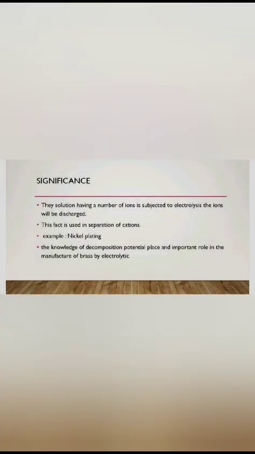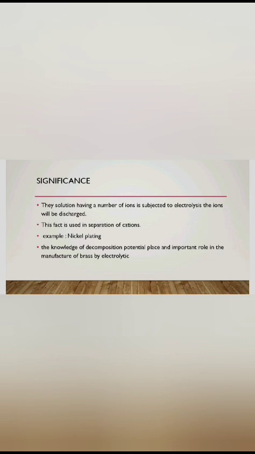This is the significance of polarography. What is the significance of polarography? If a solution having a number of ions is subjected to electrolysis, the cations and anions will be discharged in the order of their increasing decomposition potential. This fact is used in the separation of cations.